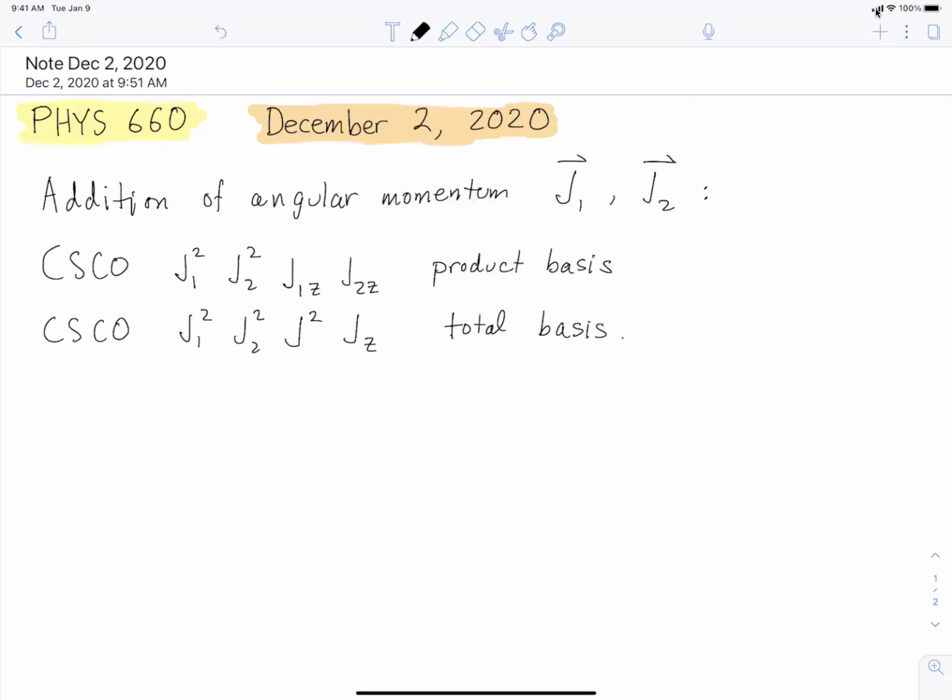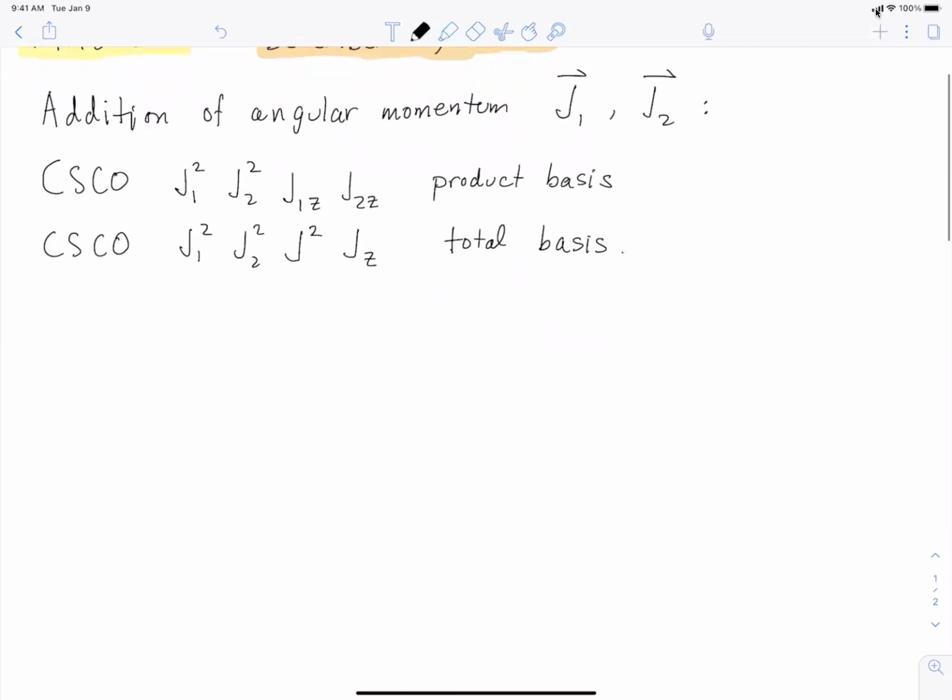Okay, and we can write the relationship between these representations as J1 product J2, that represents the product basis, is equal to the sum of representations, and I'm writing a circle with a plus through it for that.